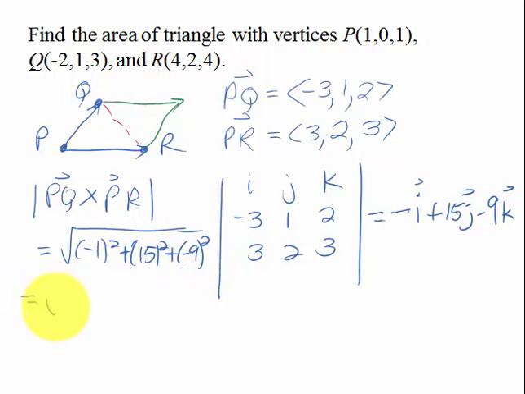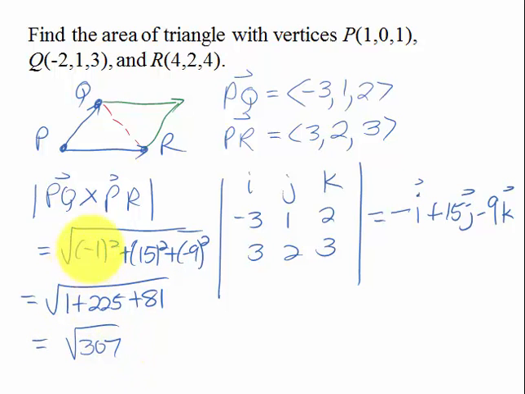As we compute that, we've got the square root of 1 plus 225 plus 81. So that's going to be the square root of 307. But remember, that's the area of this parallelogram right here. And we just want the area of the triangle, so we would need to divide that by 2 to have the area of our triangle.